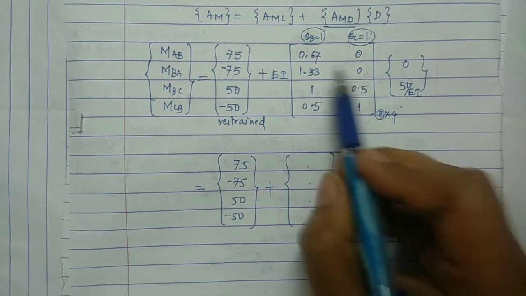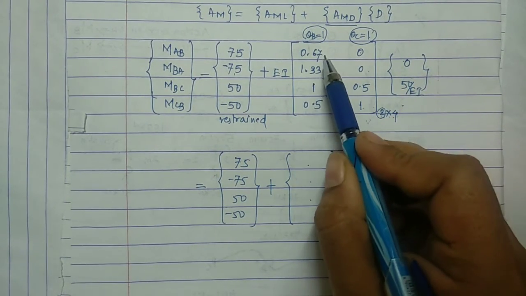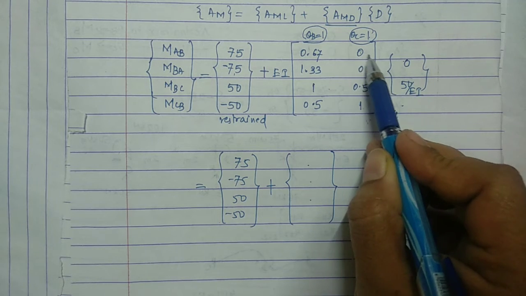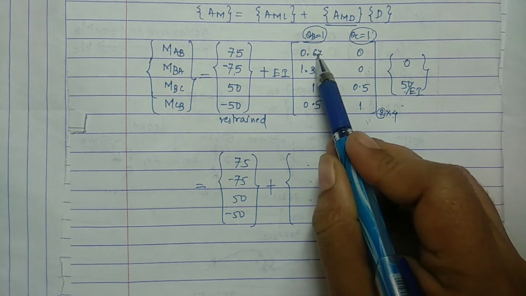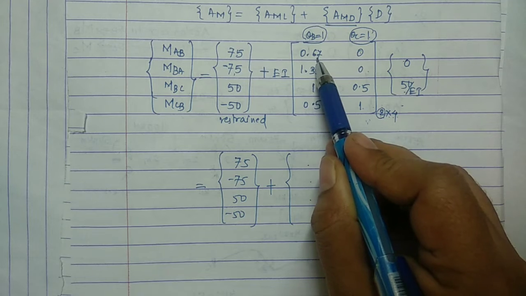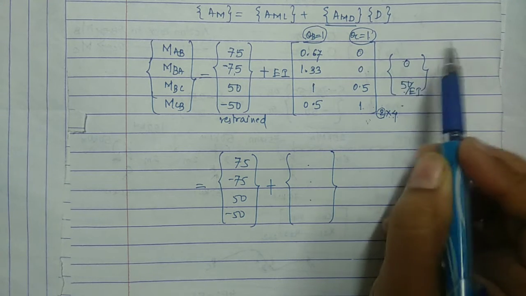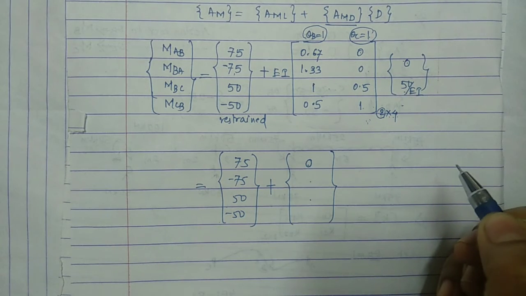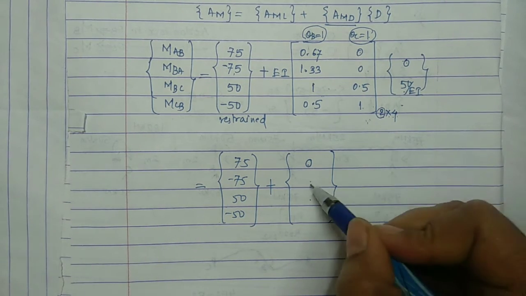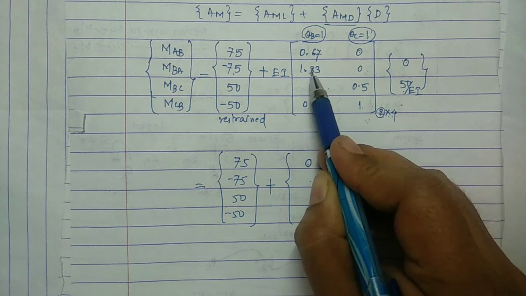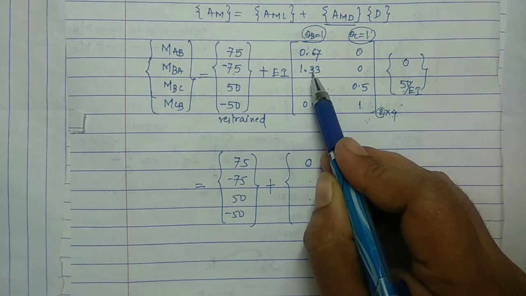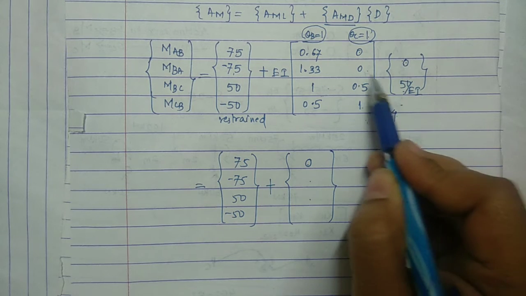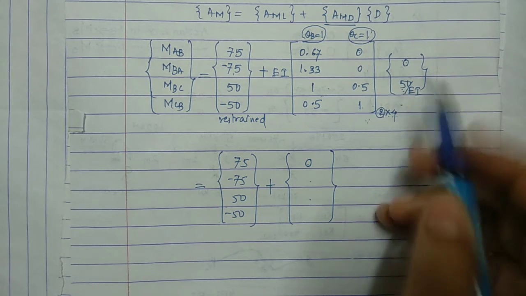Okay, so here is how that multiplication is done. First row into this column, that is first element into first element plus second element into second element. So see here, this first element 0.67 into 0 plus 0 into 50. So that answer will be 0. Second row into the same column: first element into first element, 1.33 into 0, 0, plus 0 into this 50.